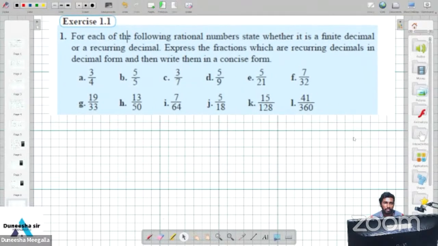What is the question? For each of the following rational numbers, state whether it is a finite decimal or a recurring decimal.